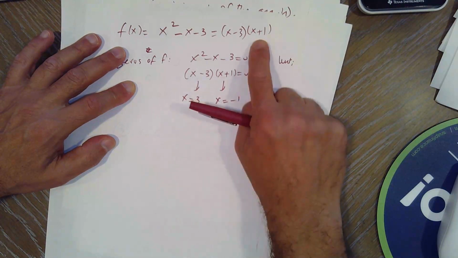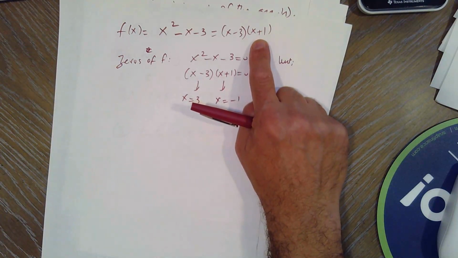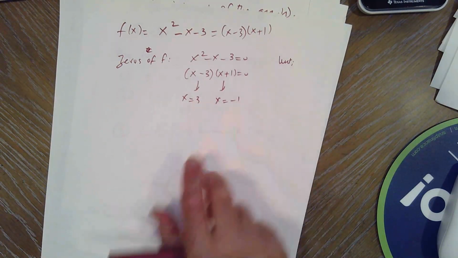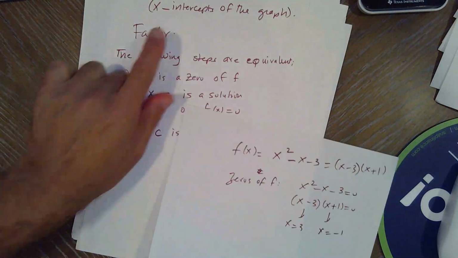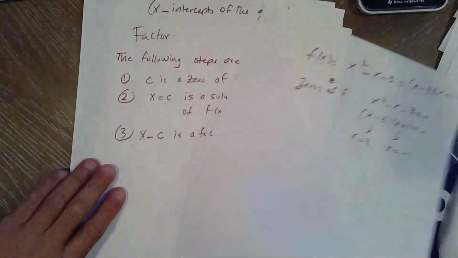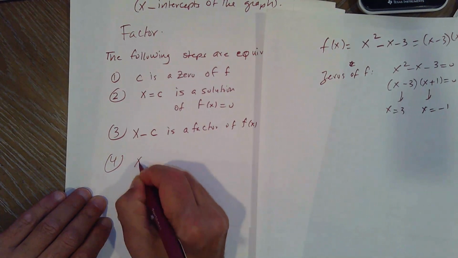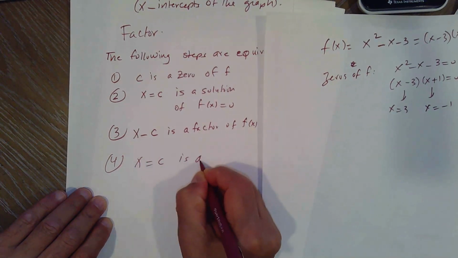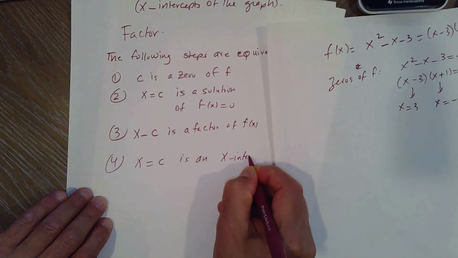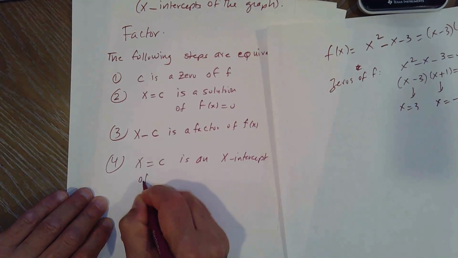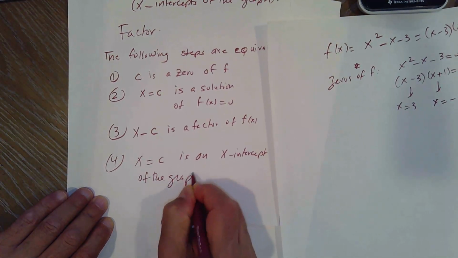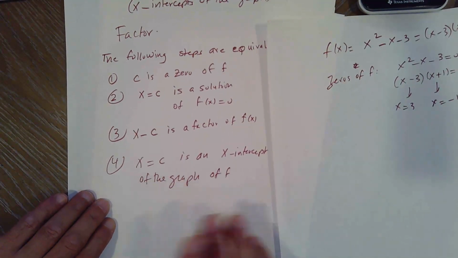If x equals negative 1 is a zero, x minus negative 1, which is x plus 1, is a factor. And x equals c is an x-intercept of the graph of f. I just said it there, but I want to write it down. So these are all the same, but we never put it in writing.